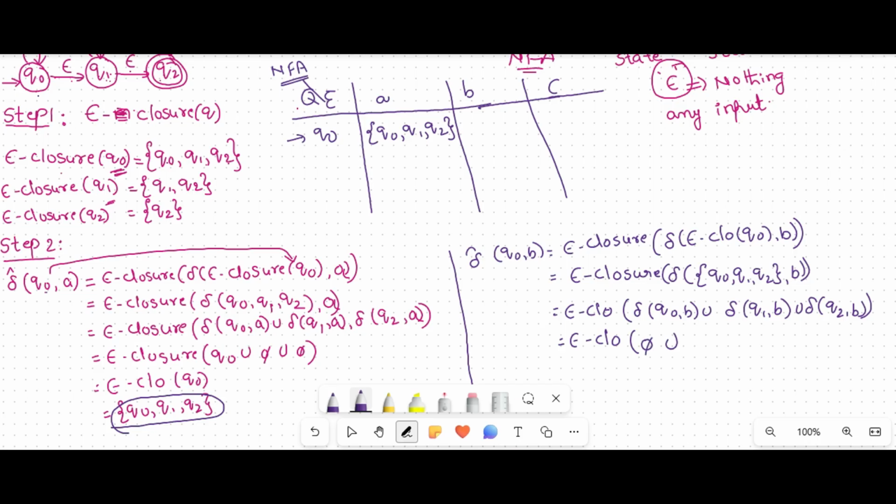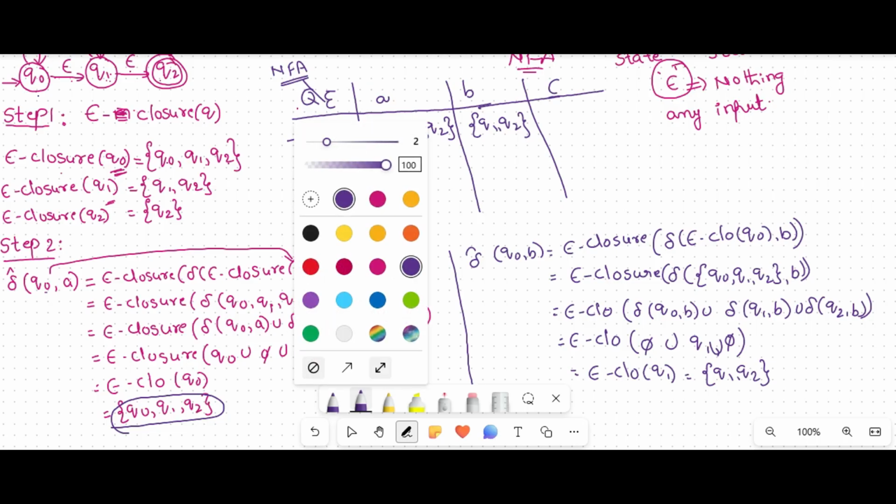Q1 with B gives Q1, Q2. So that means epsilon closure of Q1, which we have already solved. That's why in step 1 we calculated epsilon closure. Epsilon closure of Q1 is Q1, Q2.